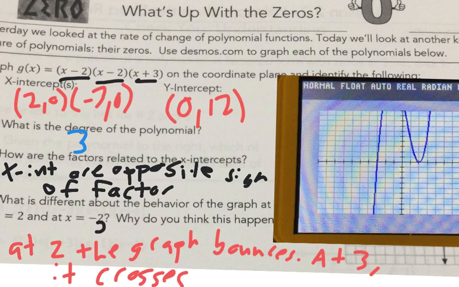That's going to be that last term. All the middle terms with the x to the second and x to the first, you would have to distribute to find those. But if you just want the degree, you can distribute just the first part. If you want the y-intercept, just distribute the last part. Okay, cool. Questions?